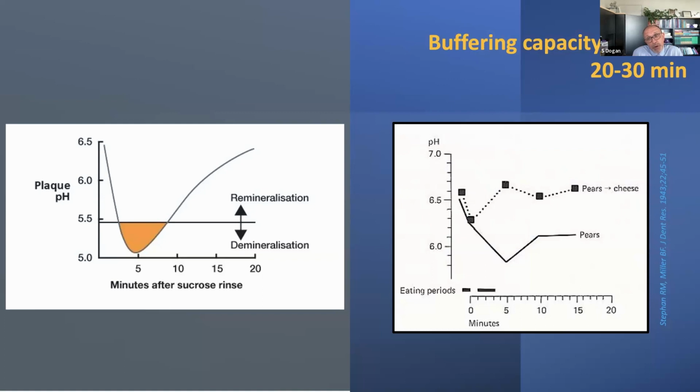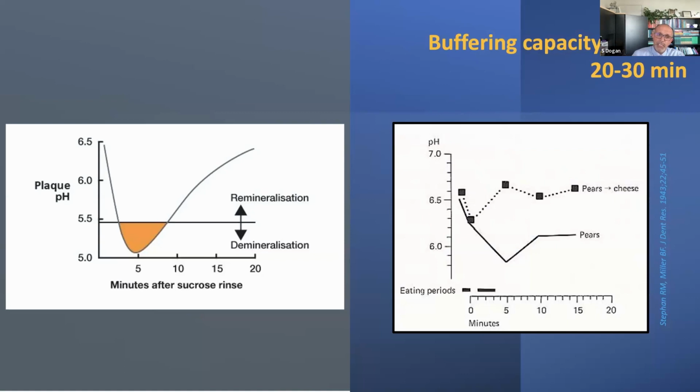But when the saliva buffers the pH to the neutral zone, then the calcium and phosphate ions, the minerals, will be added to the tooth surface. This balance is happening actively, continuously, 24 hours in our mouth with the healthy saliva.